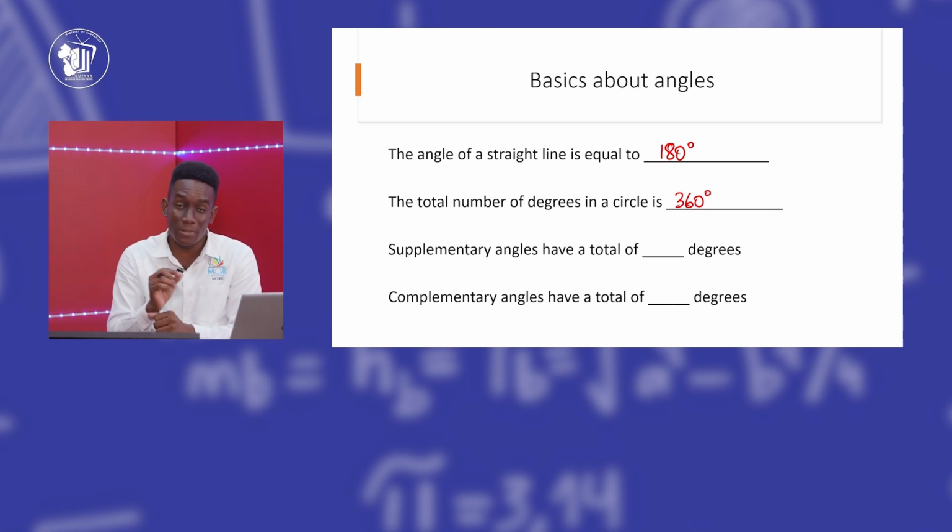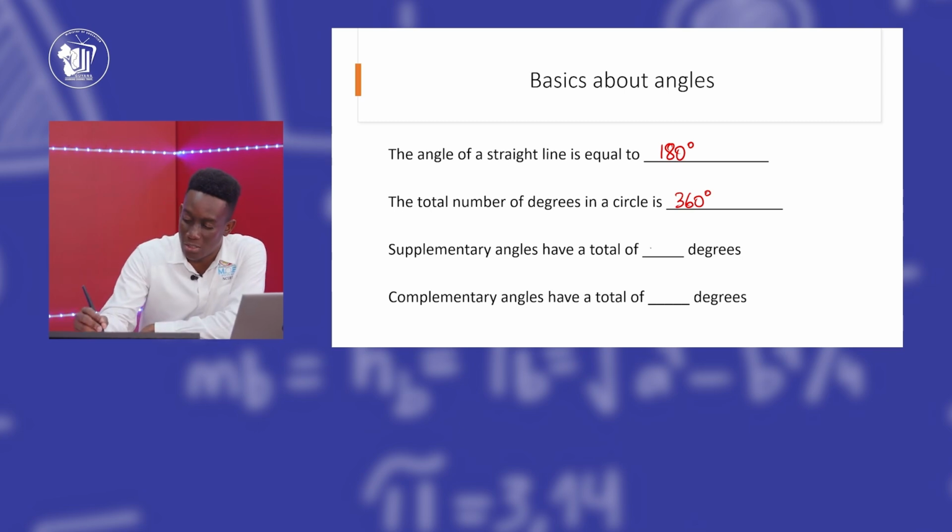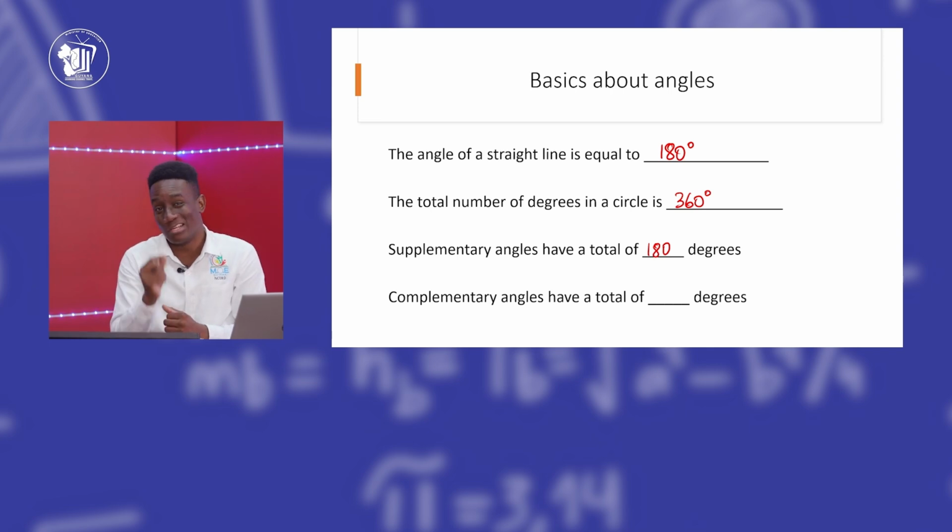And we know supplementary angles have a total of something degrees. If you said 180, you are absolutely correct. And complementary angles have a total of, if you said 90 degrees, you are once again absolutely correct.